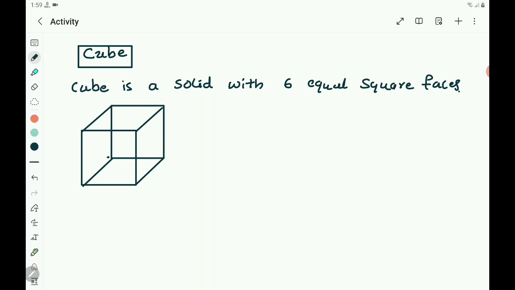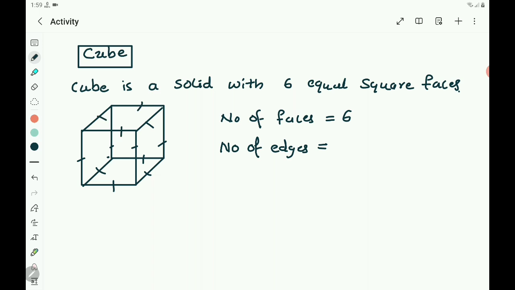Then you write number of faces. Number of faces, how much? 6. And number of edges. How many edges are there? 1, 2, 3, 4, 5, 6, 7, 8, 9, 10, 11, 12. 12 edges are there.